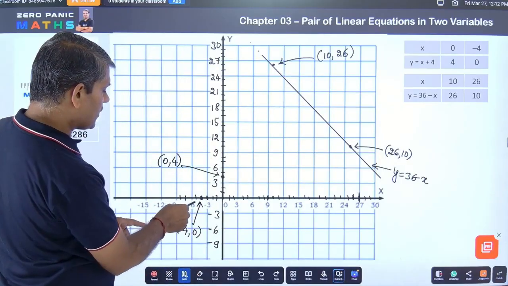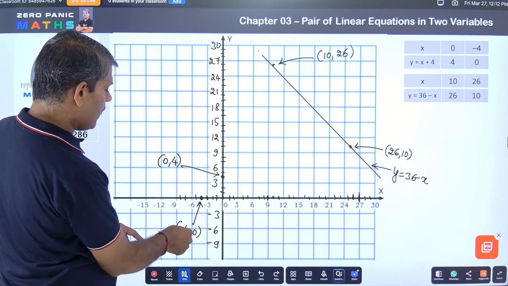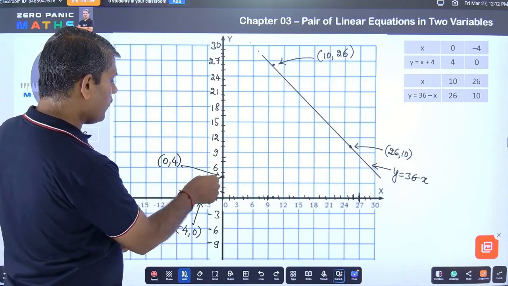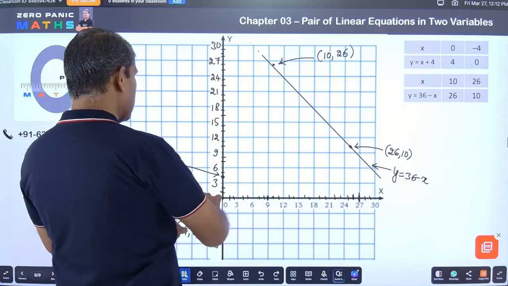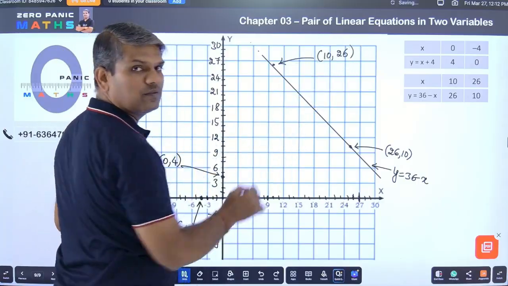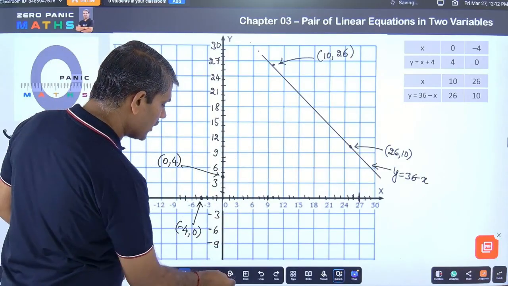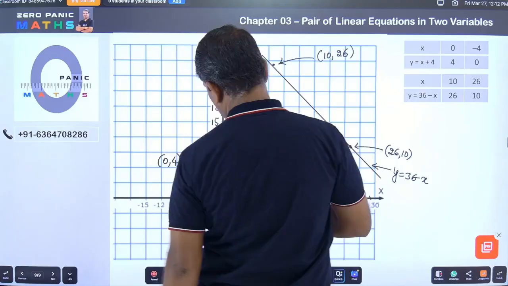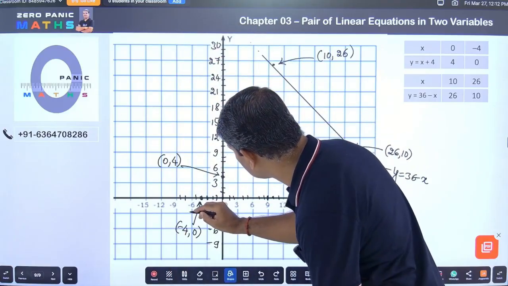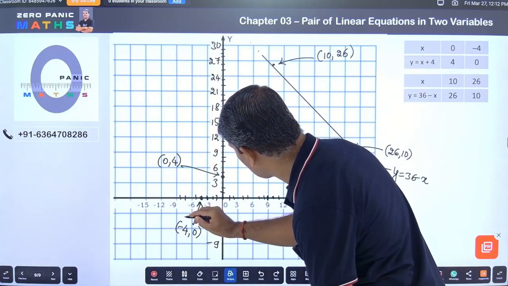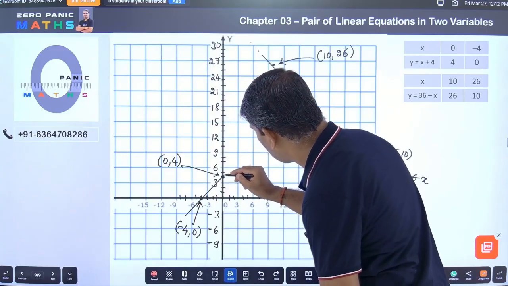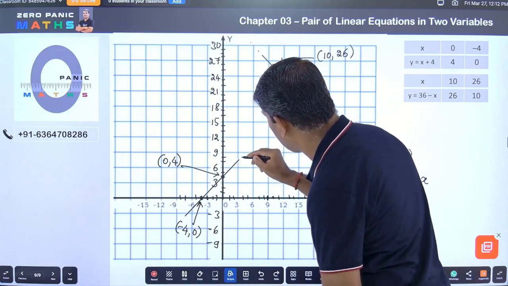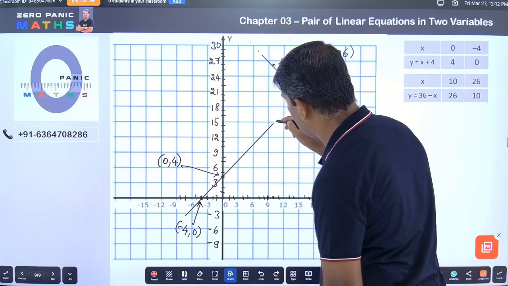Now let us draw the first line. Where are the coordinates of the first line? -4, 0 and 0, 4 are the two coordinates, but I am going to extend this line a little bit. Let me draw that line also. Okay, I'm getting this line extended.